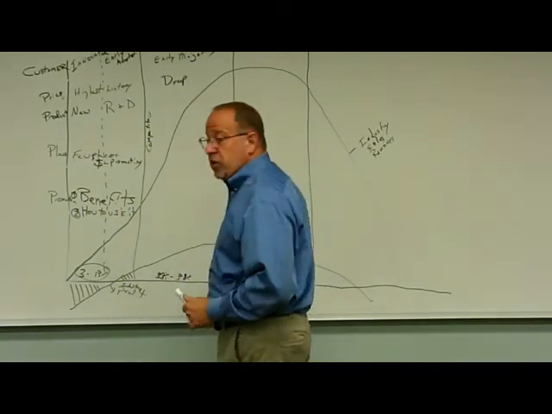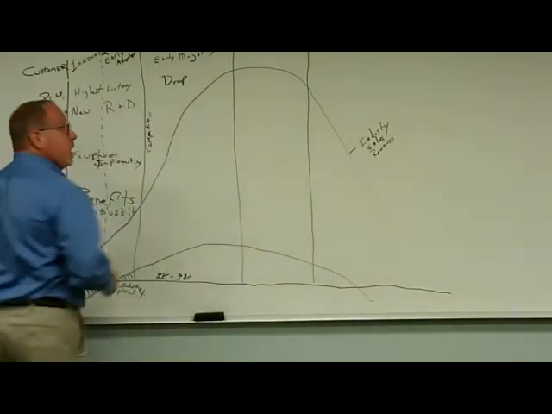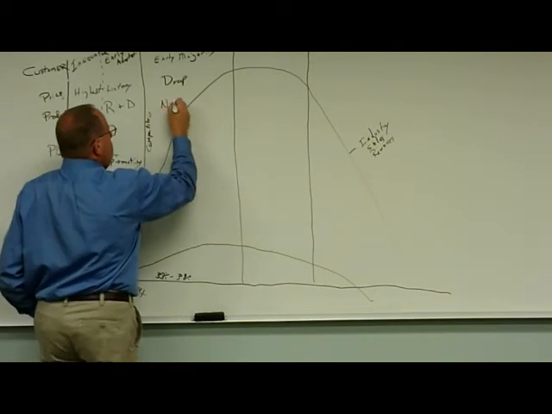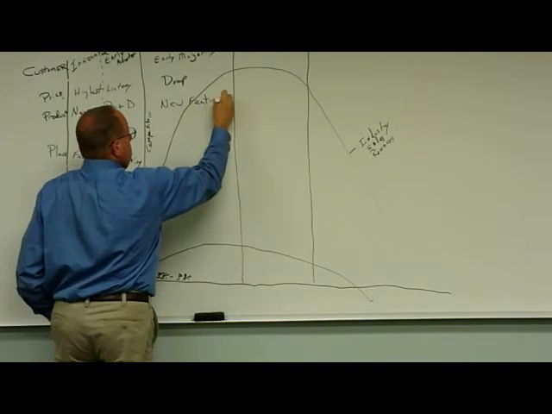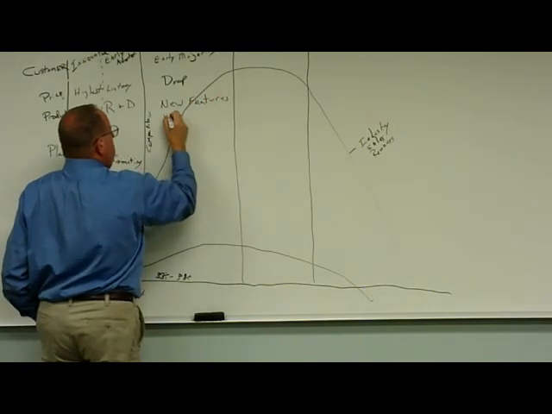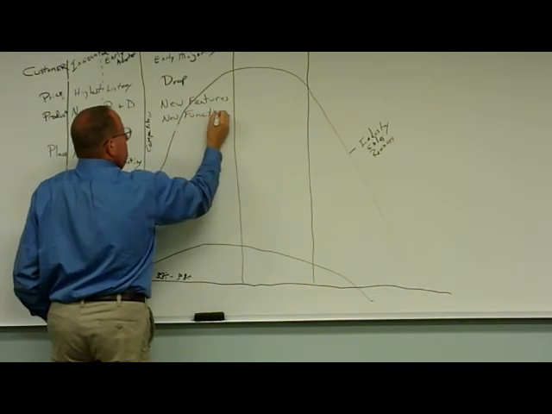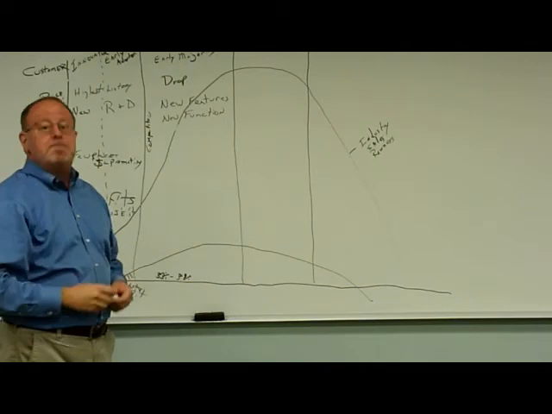So, price is going to drop. Product. Well, we've been spending all this money in research and development. So in this phase, we're going to have new features and new functions, new capabilities that are going to come out for that product.